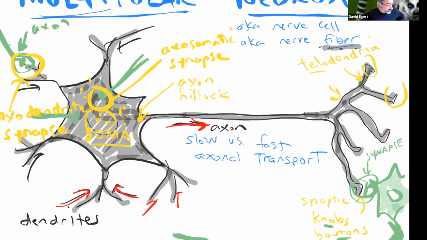So there's slow axonal transport. This happens to be more just the flow of cytoplasm. And what is the actual speed? It's actually very slow.